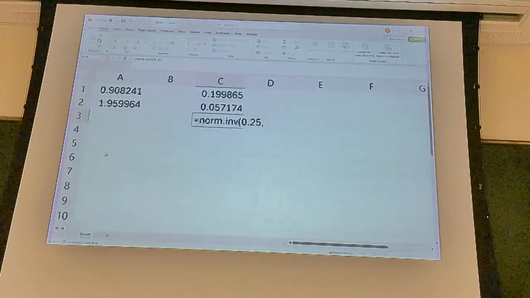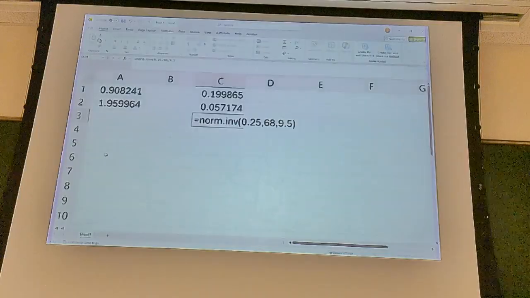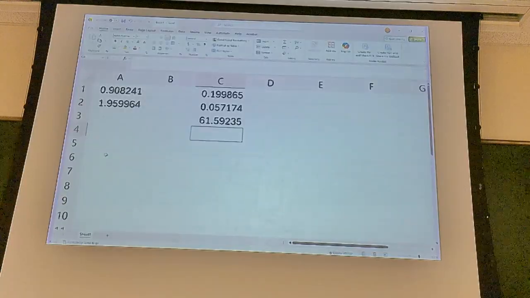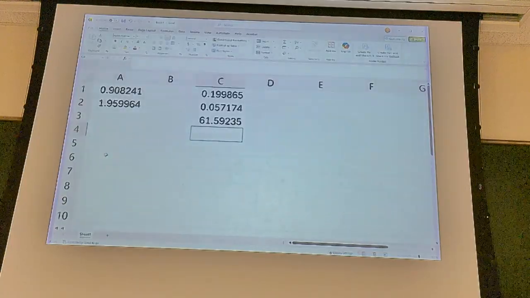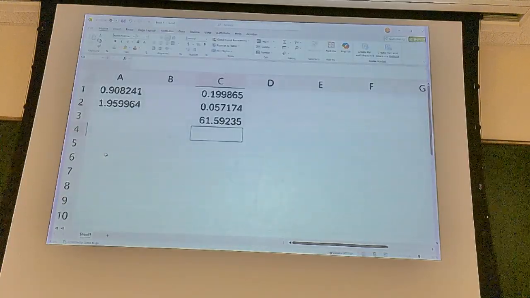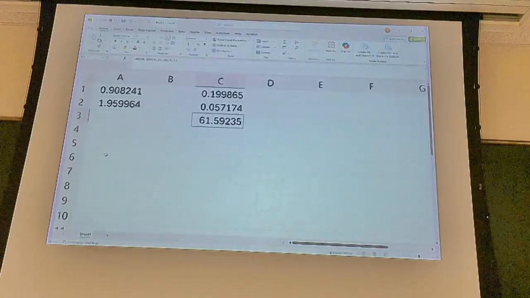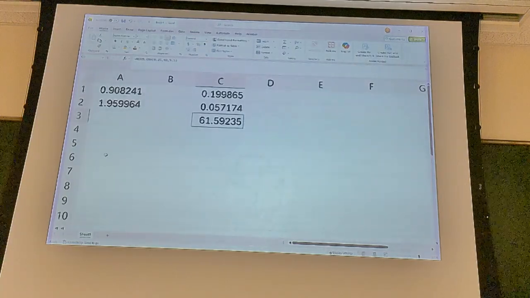Now we just need the mean and the standard deviation. Close it out. And there's the value.